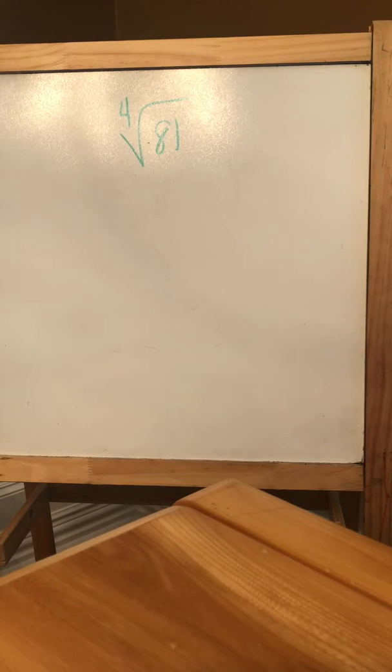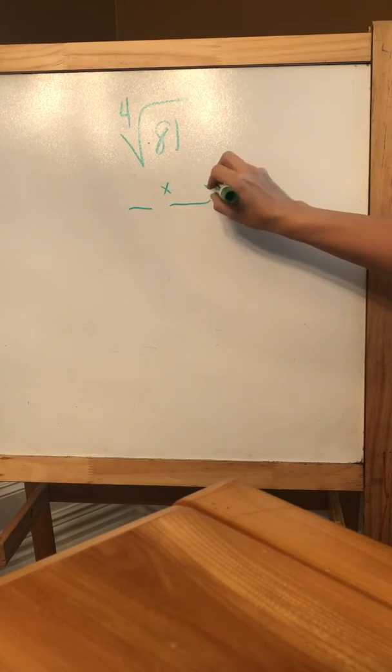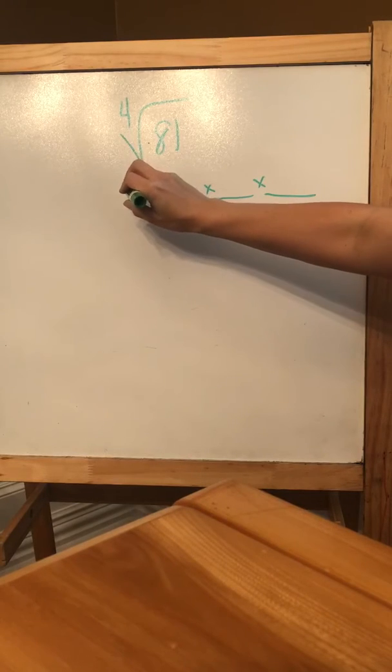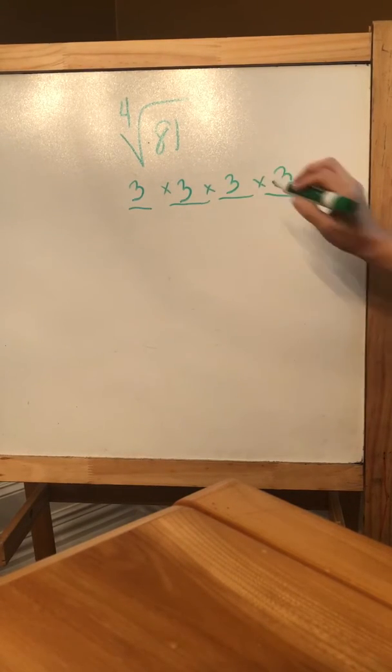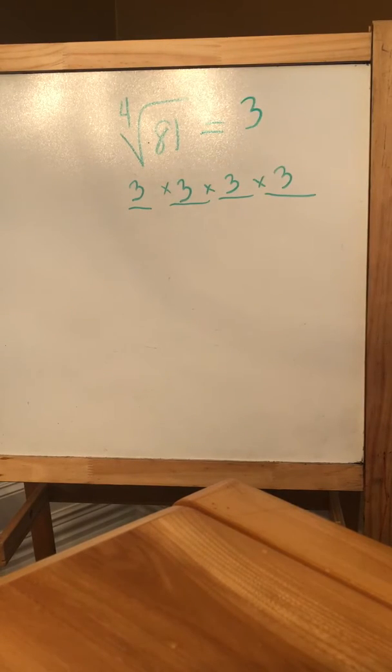How would you solve this? We need something times itself 4 times to get to 81. Okay, let's try 3. 3 times 3 is 9, times 3 is 27, times 3 is 81. So your answer is going to be 3.